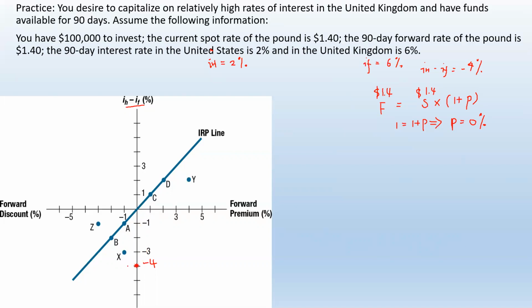Because then we know if the dot is lying on this line, the interest rate parity line, this means covered interest arbitrage is infeasible.